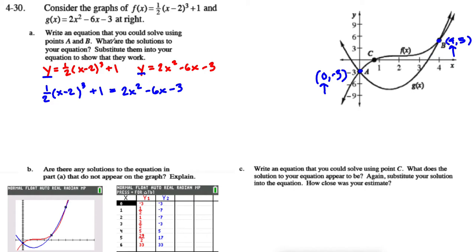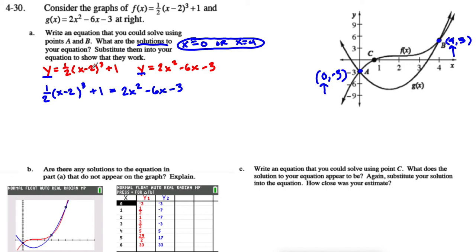Our question says, what are the solutions to the equation? Well, the solutions are going to be x equals 0 or x equals 4. Those are the x values that would make this true.